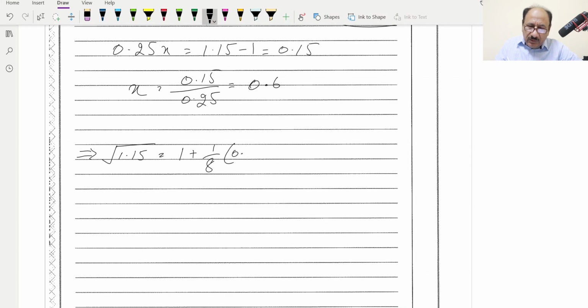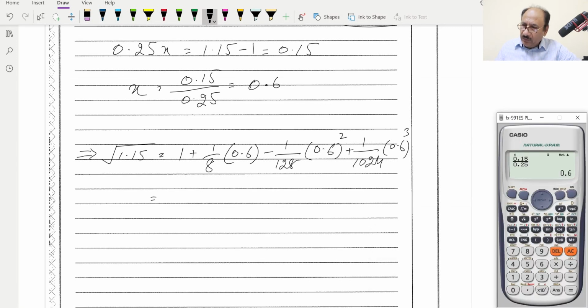So we can write here 0.6, and minus a value is what? A value is 1 minus 1 over 128. So this will also be 0.6 squared, and then next will be plus 1 over b value, which is 1024, and this will be 0.6 cubed, and we can find this with the help of a calculator.